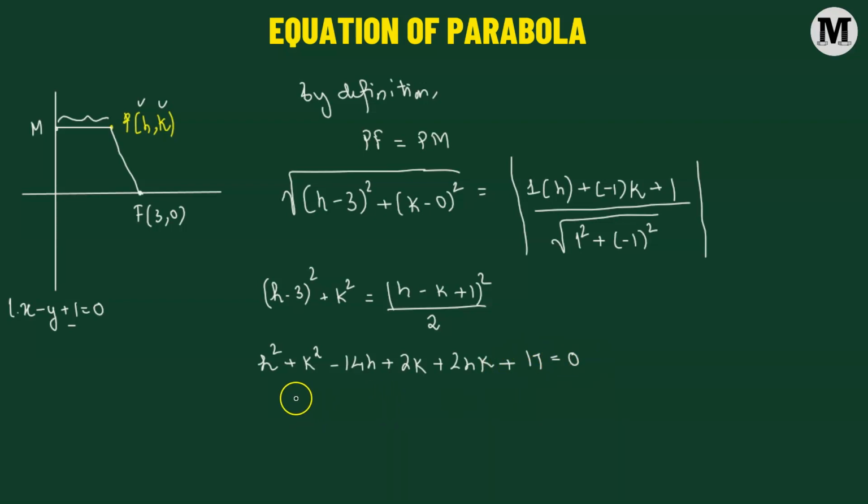Now, to finally find out the equation of the parabola, replace the value of h with x and the value of k with y. So we get x squared plus y squared minus 14x plus 2y plus 2xy plus 17 equals 0. So this is going to be the equation of the parabola.